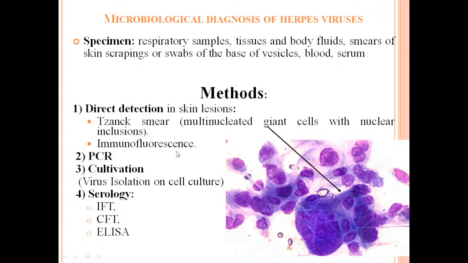And immunofluorescence test is used for direct detection of the virus in skin lesions. Then PCR is used for detection of the virus. Cultivation of virus includes virus isolation on cell culture. And serological tests: immunofluorescence test, complement fixation test, and ELISA.